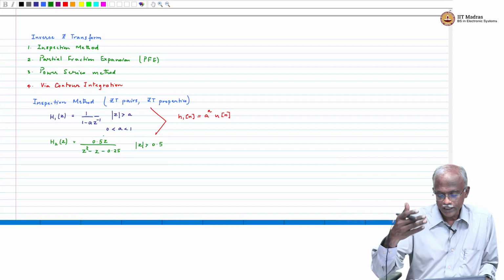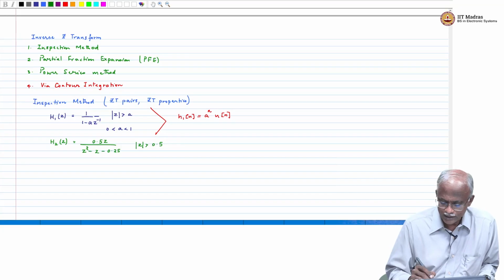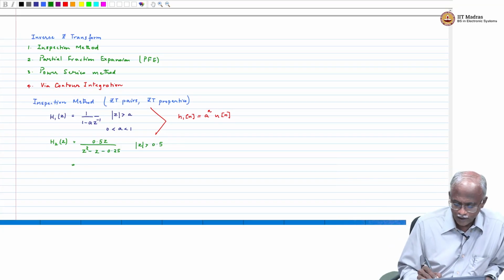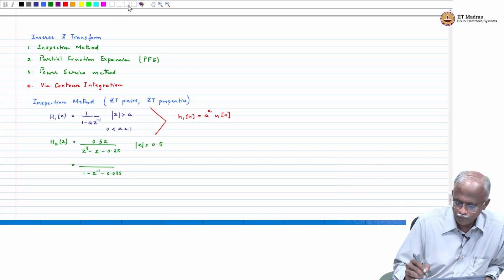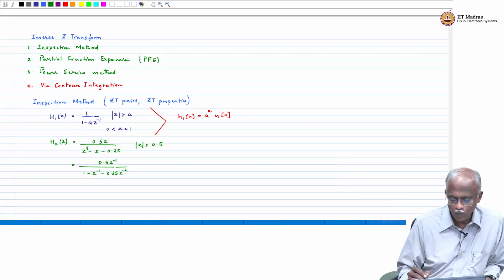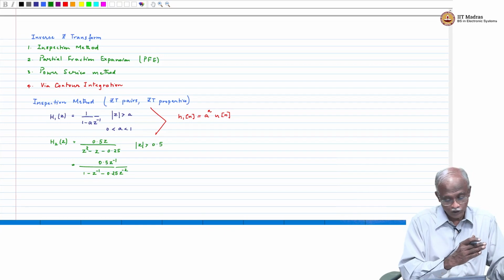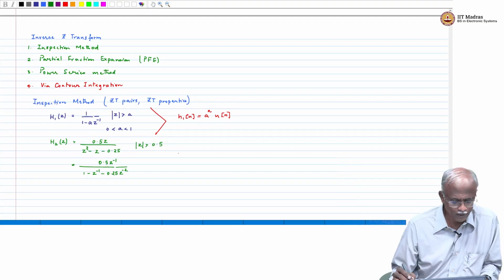For our Z transforms, particularly if you want a causal sequence, it is better to have it in terms of Z inverse. So this can be rewritten in terms of powers of Z inverse. The denominator will be 1 minus Z inverse minus 0.25 Z power minus 2, and the numerator will be 0.5 Z inverse. What did I do? I pulled out Z squared, and then you get the following expression, and then taking this Z squared to the numerator, you get the corresponding expression.